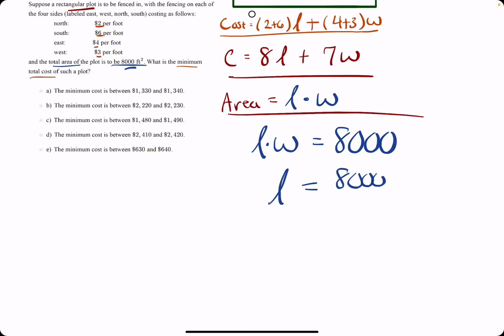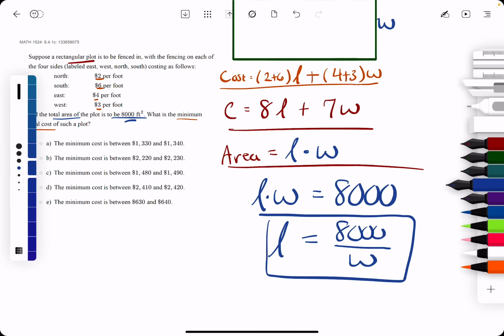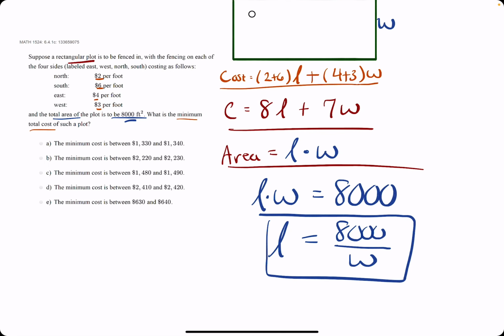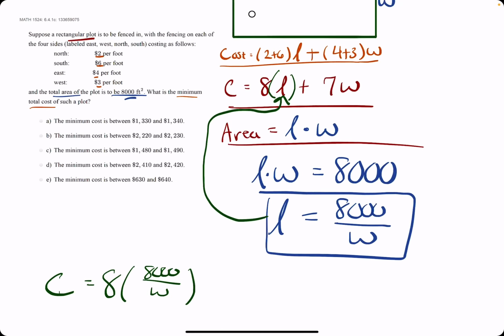So we have 8,000 divided by W is equal to L. Now we have L in terms of W, which allows us to substitute this L in place of this L here. So we can write the cost equation as 8 times, not L, but 8,000 over W, plus 7W.